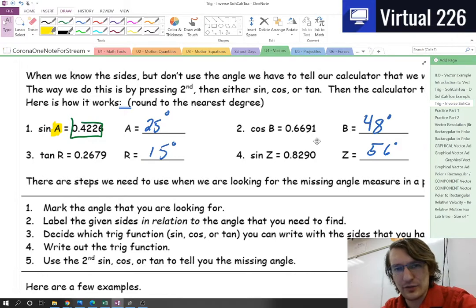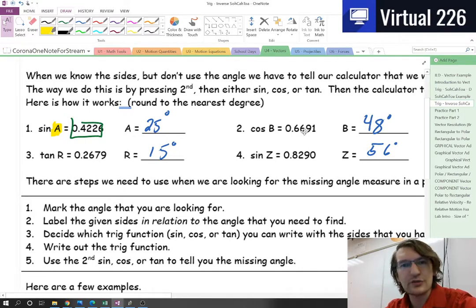Sometimes calculators are a little weird. You have to understand your syntax and the way that you punch things in. If you're getting wrong numbers, try a few different ways on your phone or your calculator. See if you can come up with these angles that we got here, and that'll let you know what order you have to type things in to make sure things work out.